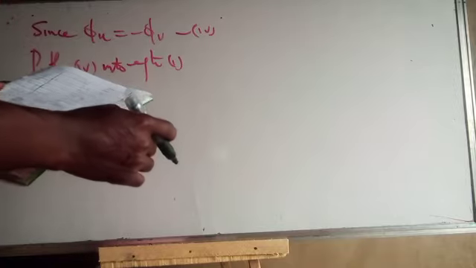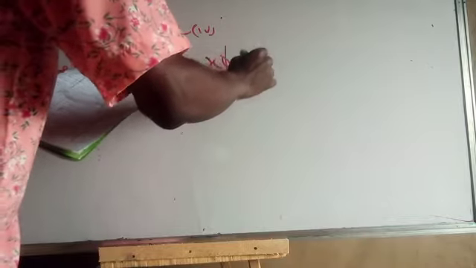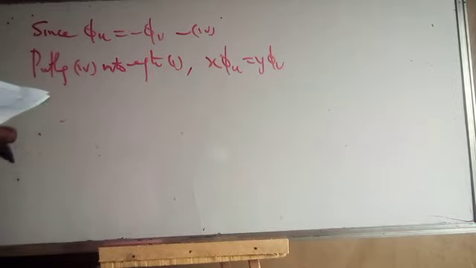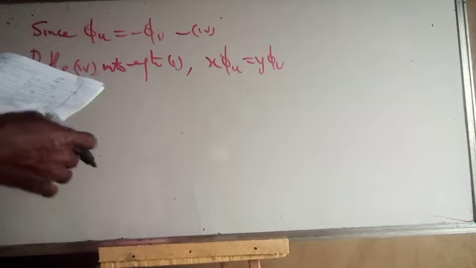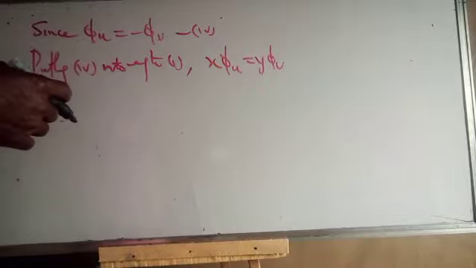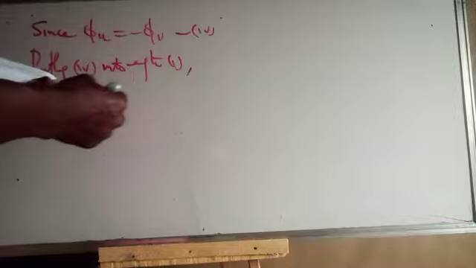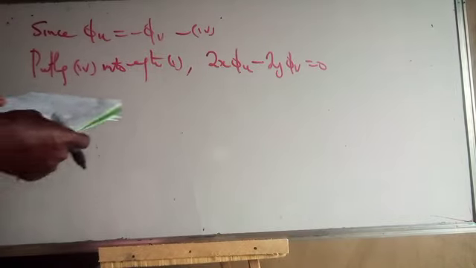Equation 1 says, sorry, equation 1 is 2x phi u minus 2y phi v equals 0. Okay, that is equation 1. Putting equation 4 now into equation 1.